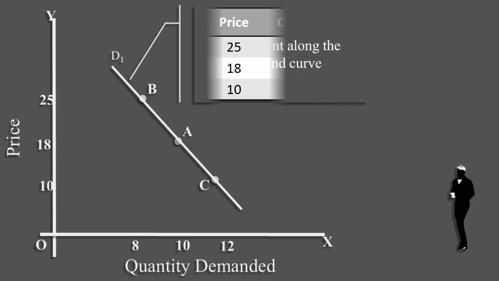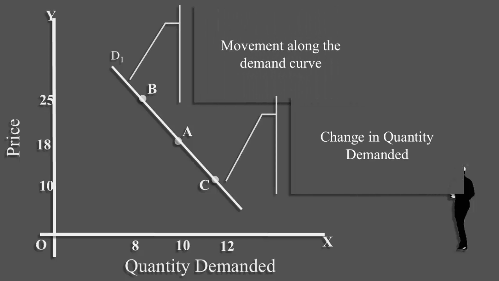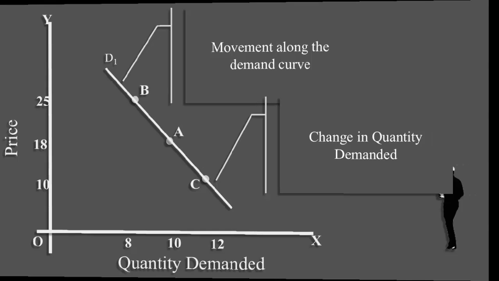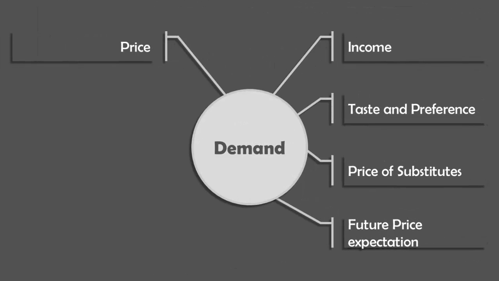It is called change in quantity demanded. Change in quantity demanded is the outcome of a change in the price alone. Other things are constant.